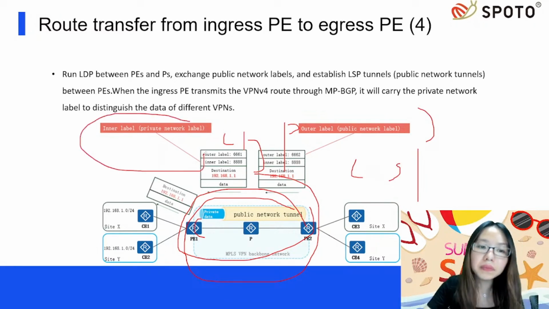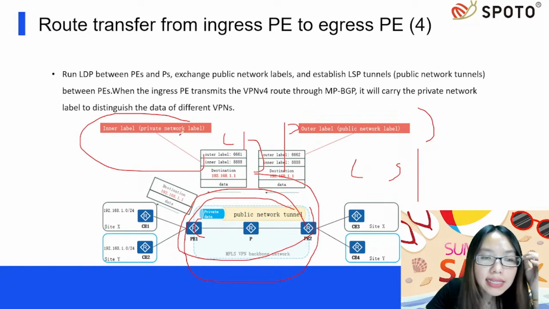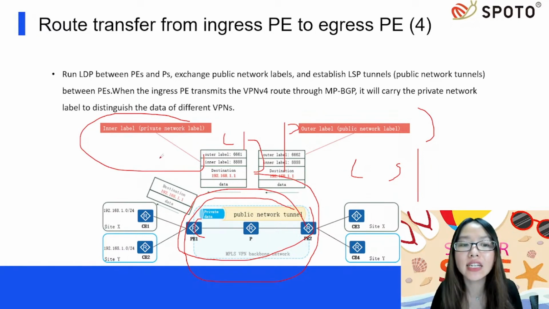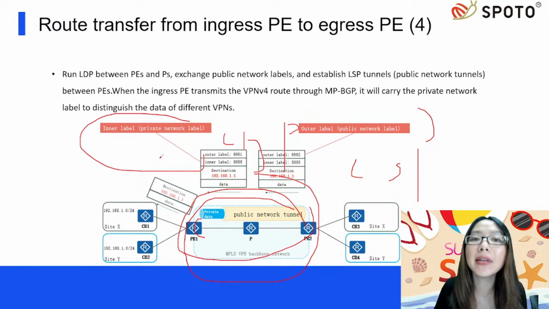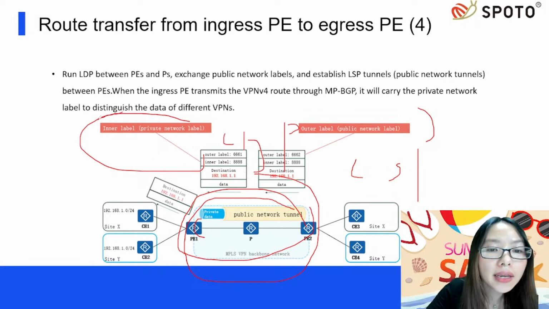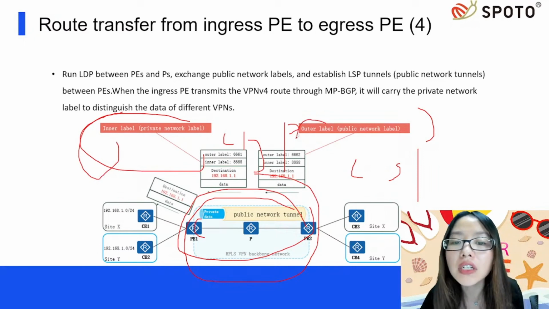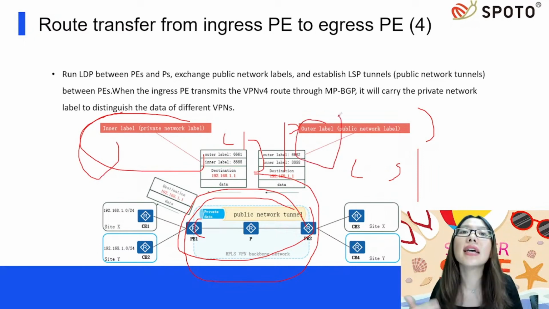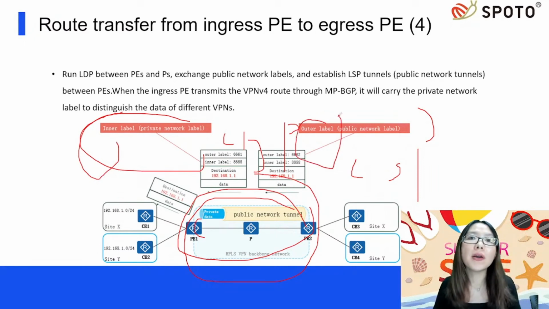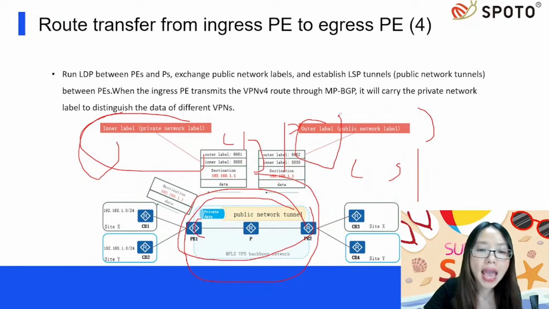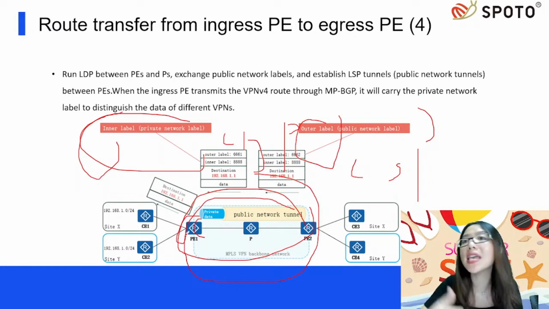This part relates to two types of labels: the inner label and the outer label. So what's the inner label? The inner label is distributed by MPBGP of the PE for the VPN route.